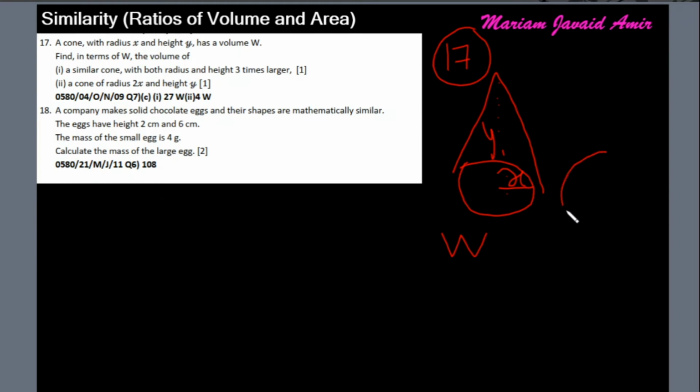So we have a similar cone, this will be 3x and the height will be 3y. Find in terms of w the volume of a similar cone with both radius and height 3 times larger.